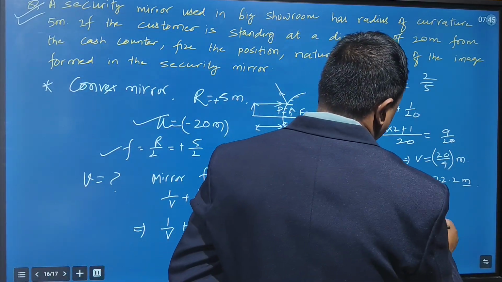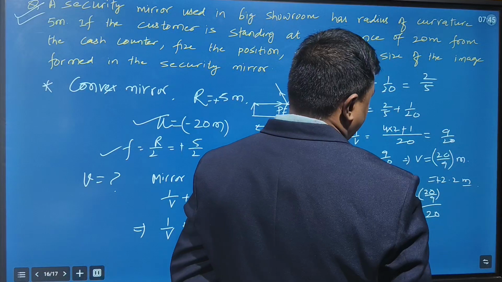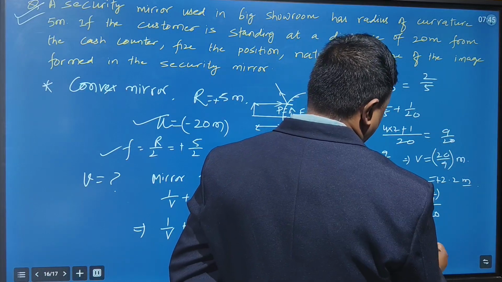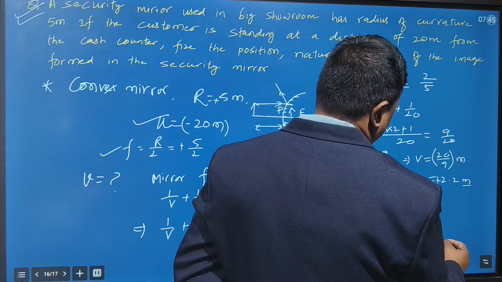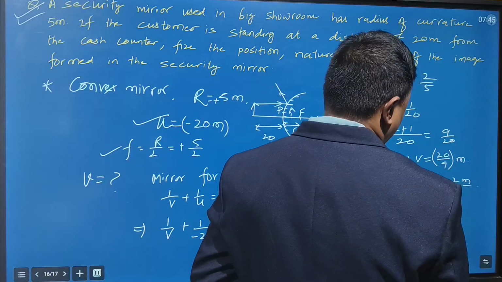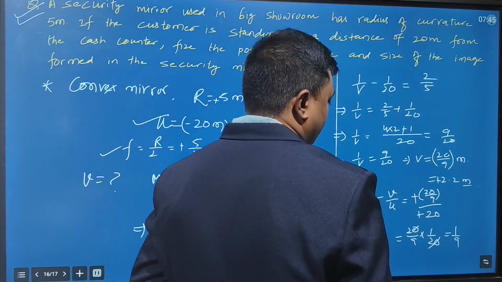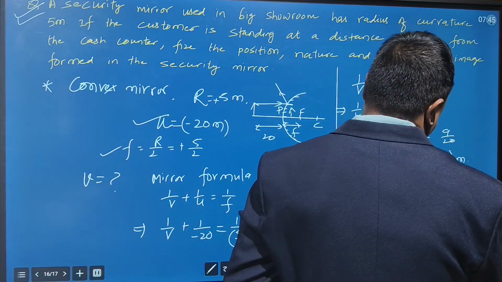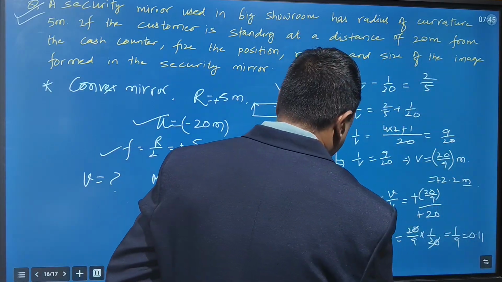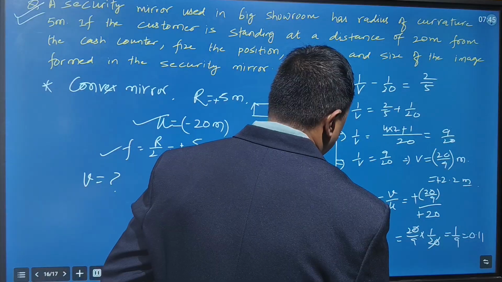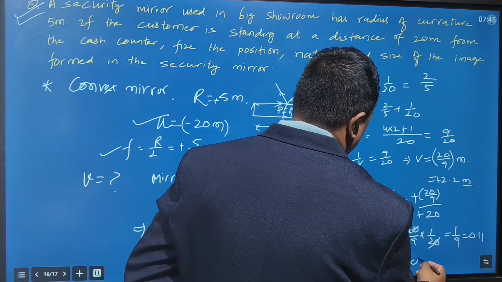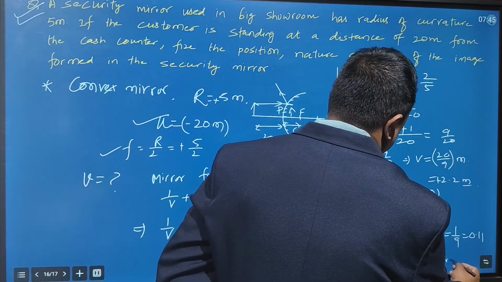So sign convention we are applying: minus minus gives plus. So 20 upon 9 into 1 by 20 is 1 upon 9. 1 upon 9 is less than 1, about 0.11. So magnification is less than 1, and obviously the image is virtual, erect and diminished.